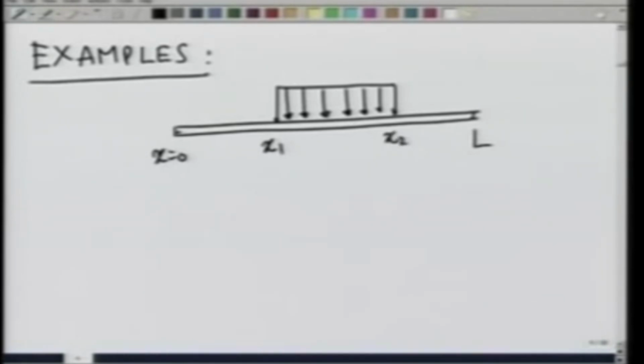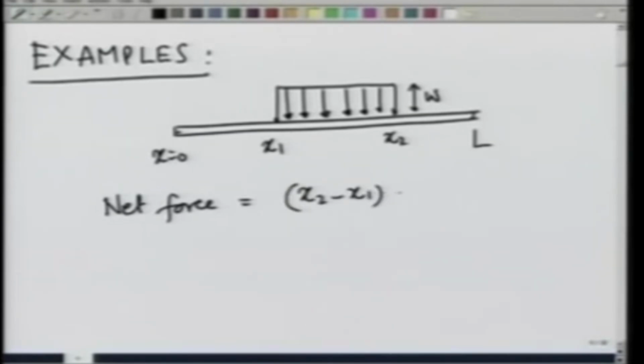In that case, one can easily see, suppose this magnitude is W, one can easily see that the net force that this applies is the area of this rectangle, which is going to be x2 minus x1 times W. And where does it act? It acts at the centroid of the area formed by this force distribution and the beam, and the x centroid is nothing but x1 plus x2 divided by 2.